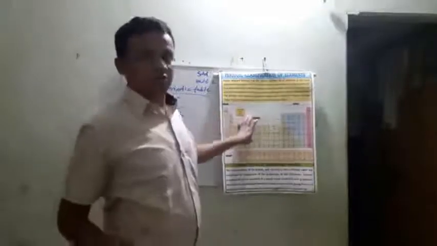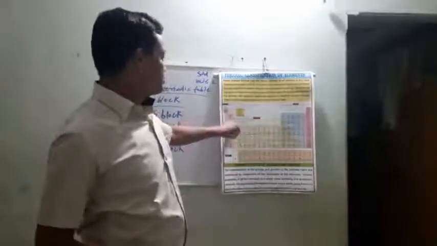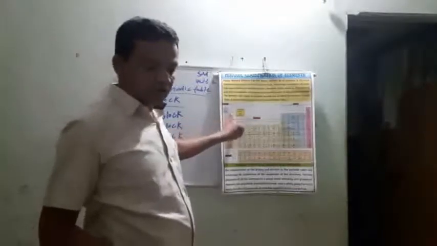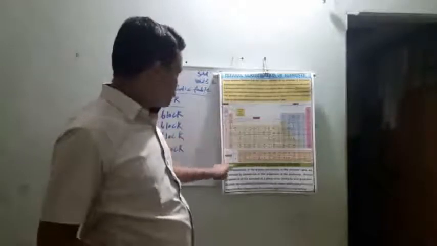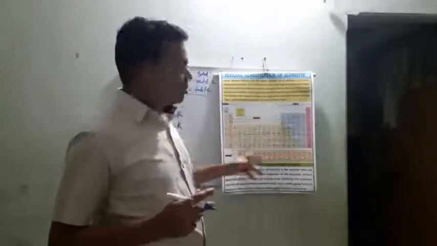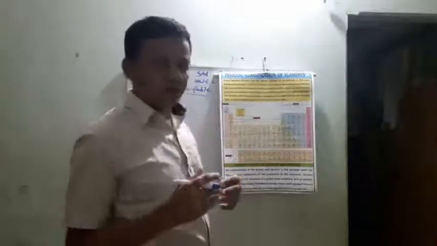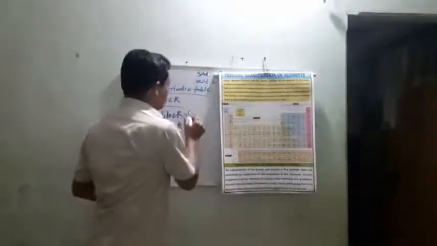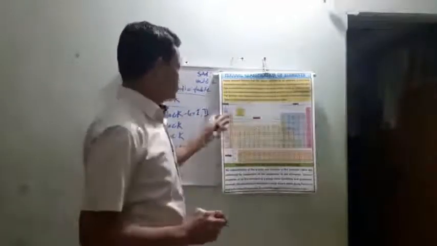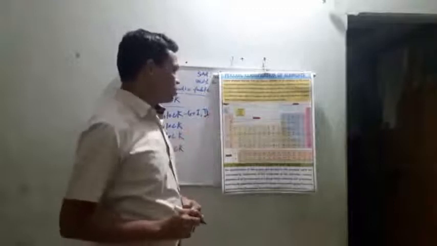In this chart, the first and second groups form the S block. That is, groups first and second are included in the S block.